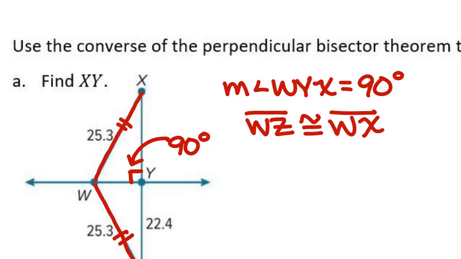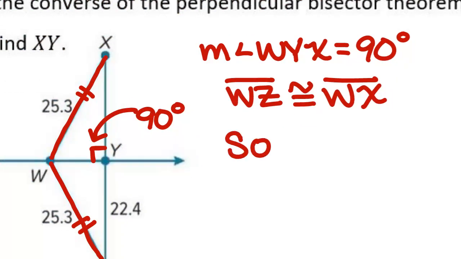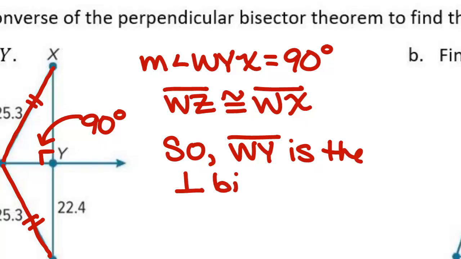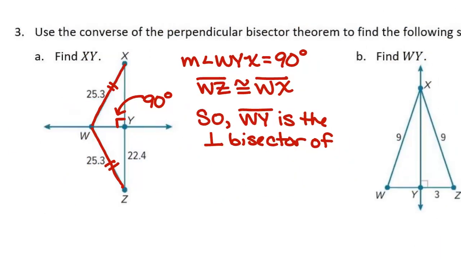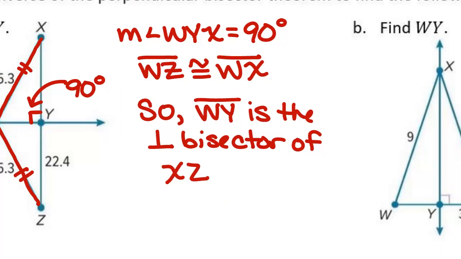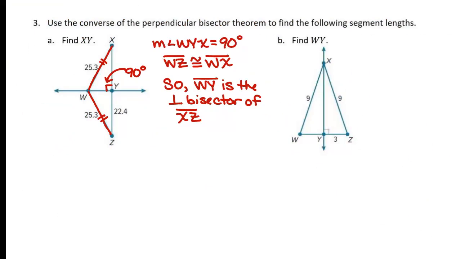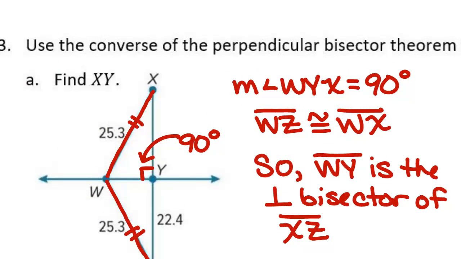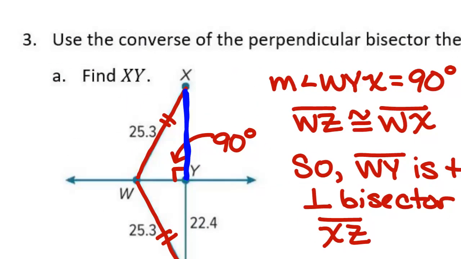WZ is congruent to WX. So that means that WY is the perpendicular bisector of XZ. If WY is the perpendicular bisector of XZ, then how big is XY? 22.4.